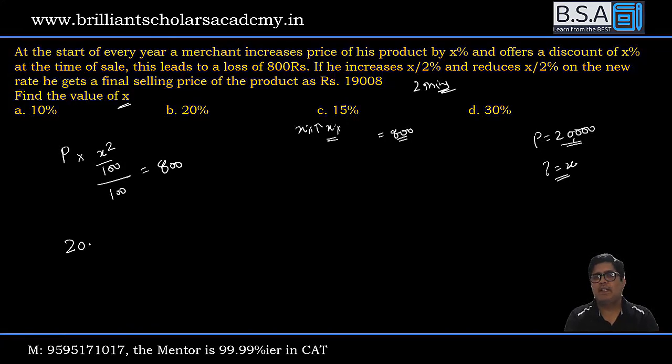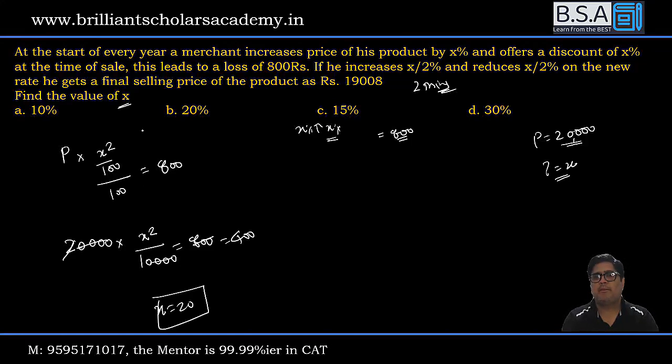What is P? 20,000 into X square upon 100. What will this become? Behind the 1, how many thousands? 40. This 40 cancels, equal to 800. This cancels, equal to 400. X square is equal to 400. This was an easy problem.